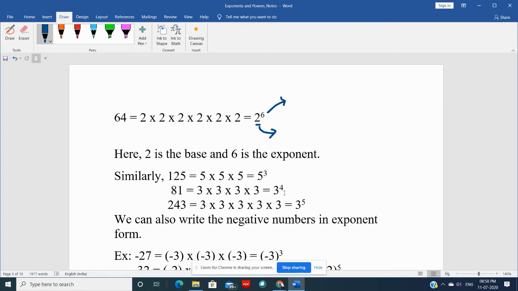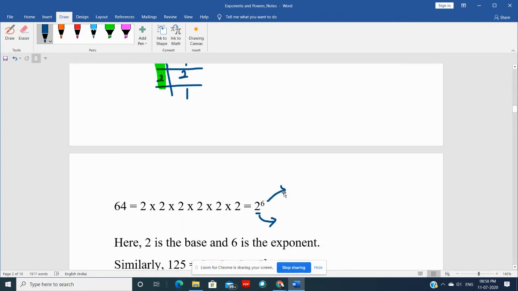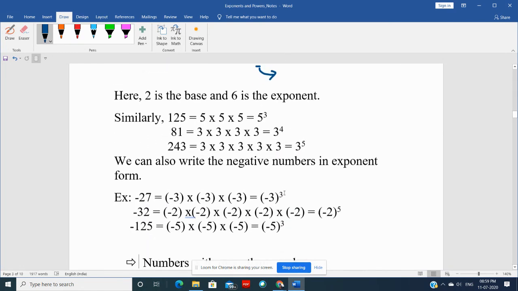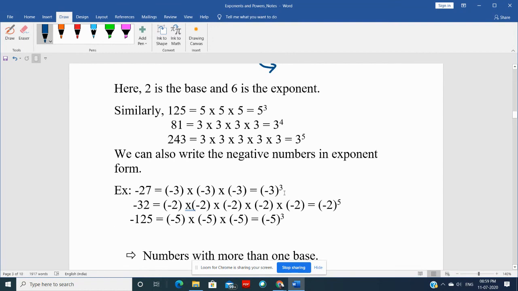Now, does that mean we can write only positive numbers? Initially we talked about numbers with many zeros, then the other numbers that don't have zeros. Now let's talk about negative numbers. Can we write negative numbers also in exponential form? Of course, yes. For example, minus 27.